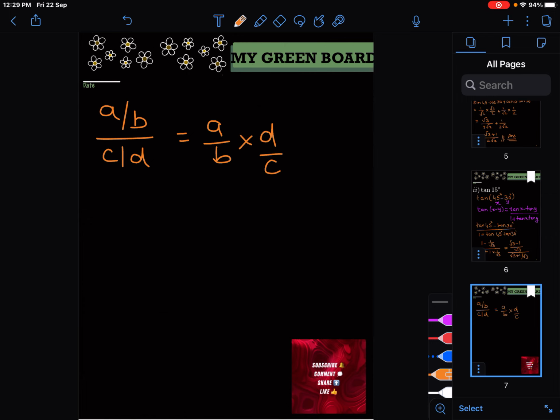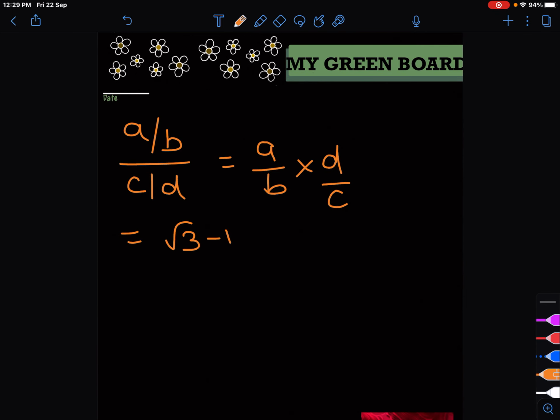So the division of a fraction will become the multiplication of its reciprocal. Similarly, you have to do this here. So the answer we are getting here is the numerator root 3 minus 1 by root 3, and the denominator root 3 plus 1 by root 3.